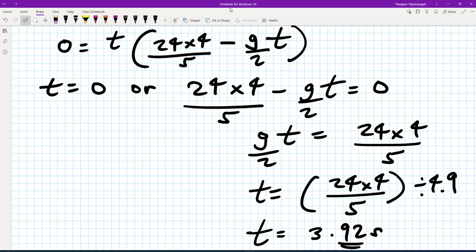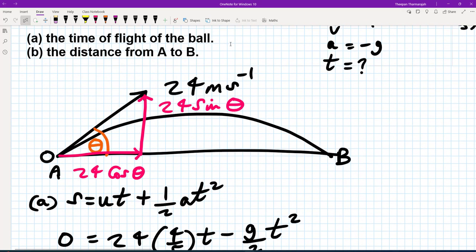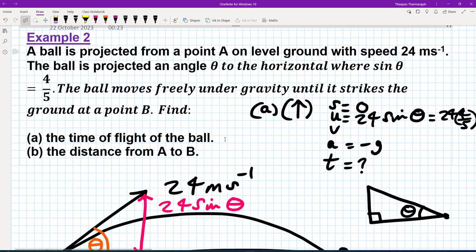So let's see what the next part of the question says. It says to work out the distance A to B. Now, if we have what sine theta is, we can draw our triangle out here. So we've got theta. They've told us that sine theta, if we go back to the question, was 4/5.